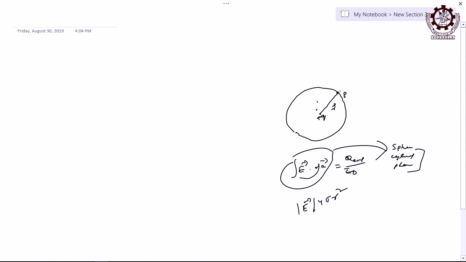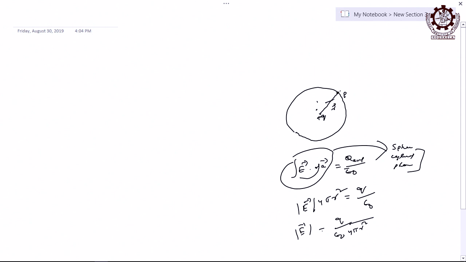If you integrate, ultimately you get the magnitude of the electric field intensity at that point multiplied by the total area of the sphere, and that must be equal to q enclosed, here q, divided by epsilon 0. Then find this E. What is this E? Its magnitude is q divided by 4 pi epsilon 0 r square.